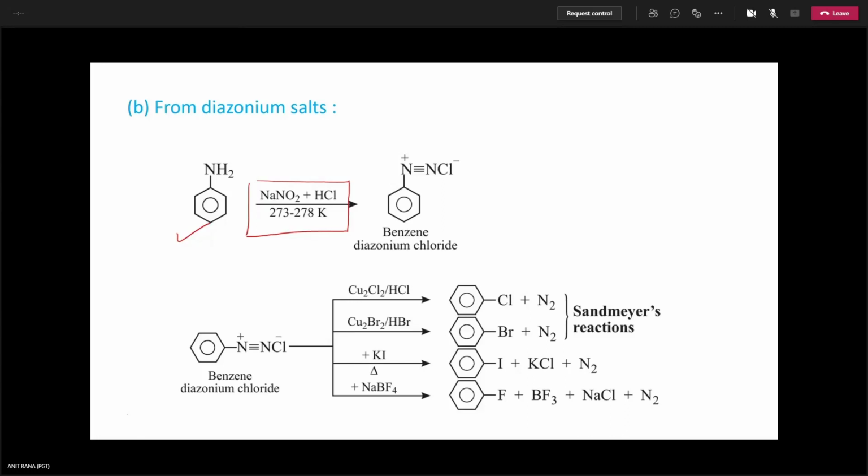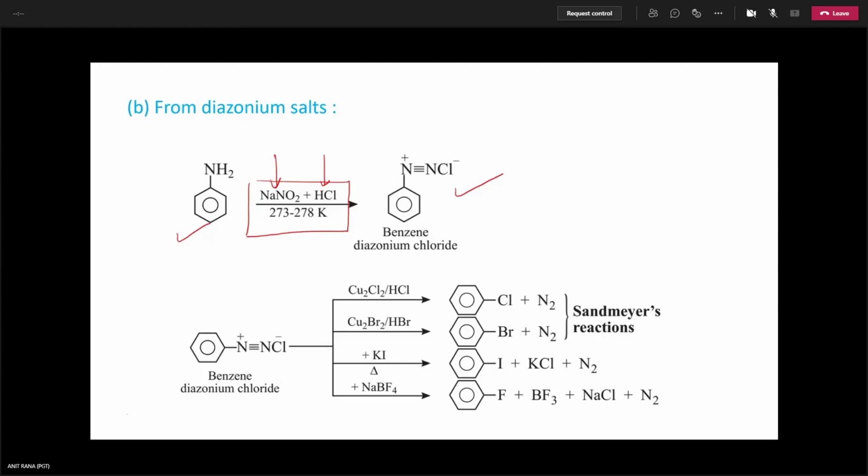Clear? Even 5 molar aqueous will do. So sodium nitrite, when treated with hydrochloric acid in presence of aniline, leads to formation of diazonium salt. See the positive charge on the nitrogen attached to the carbon of the benzene ring.